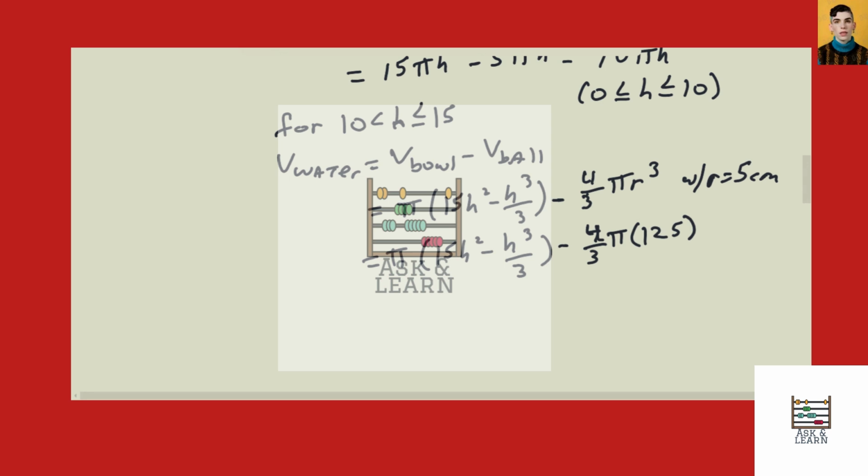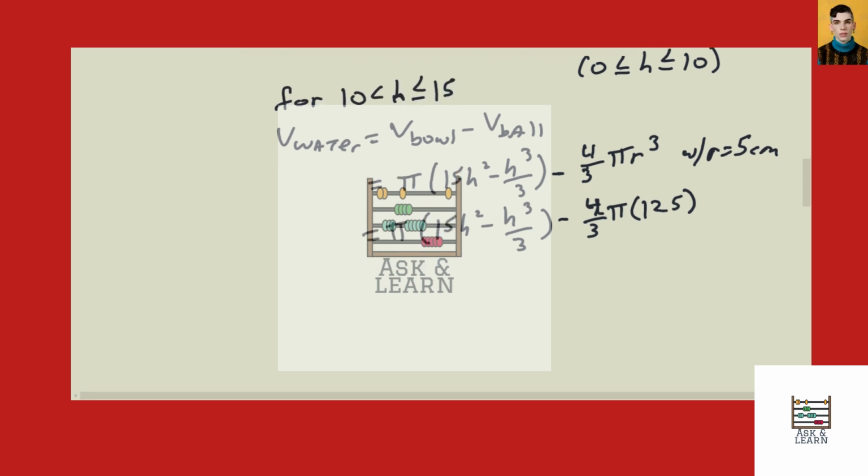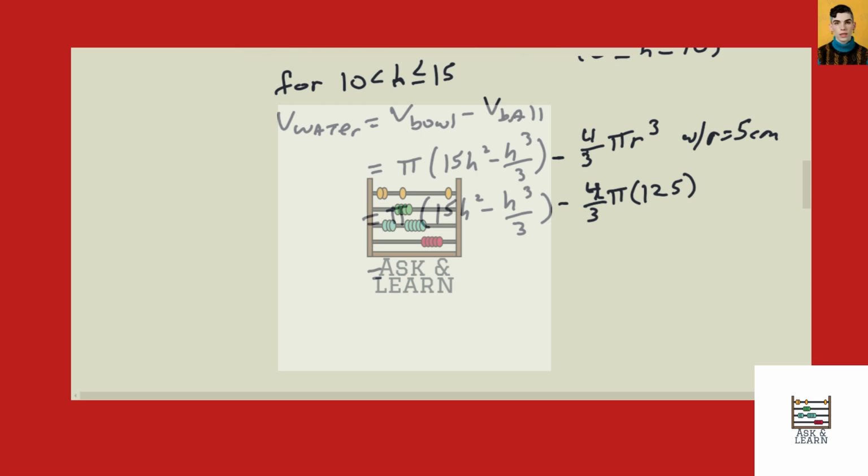So that means I'm left with 15 pi h squared minus pi h cubed over 3 minus 4 times 125, so that's 500 over 3 times pi.